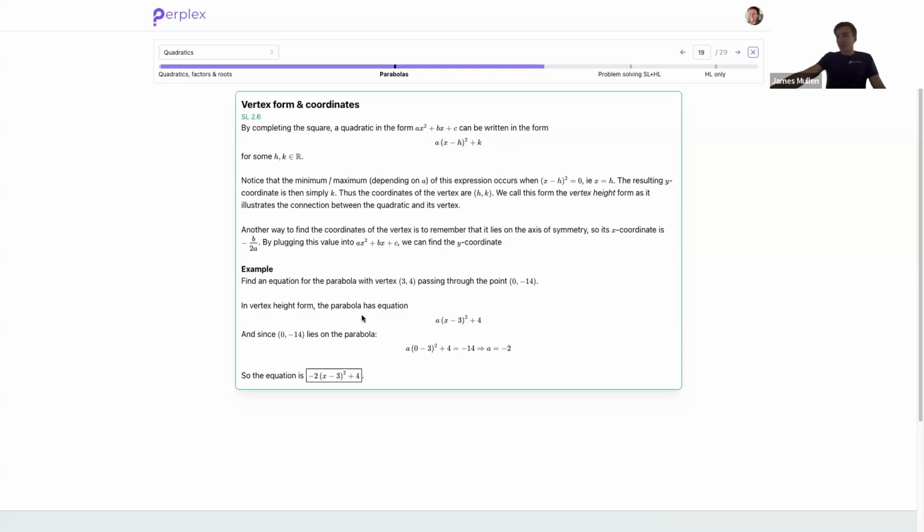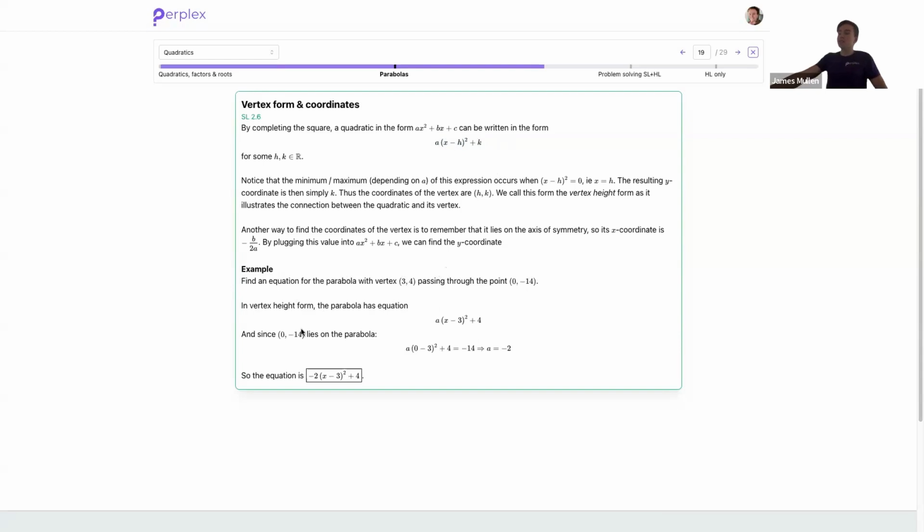Okay? Let's take a look at an example. If I have a parabola that has a vertex of (3, 4), and it passes through the point (0, negative 14), find the equation of the parabola. So I know, because it has a vertex at (3, 4), that I can write it in the form some constant a times (x minus 3) squared plus 4.